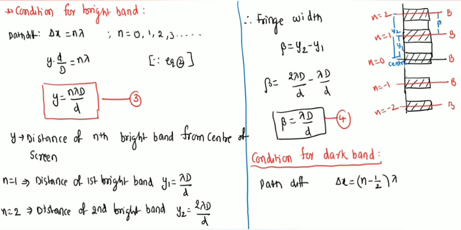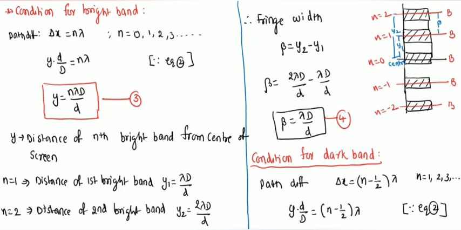Here we substitute n is equal to 1, 2, 3 and so on, not from 0. Then from equation 2, delta x is y into small d by capital D, equal to n minus 1 by 2 into lambda.